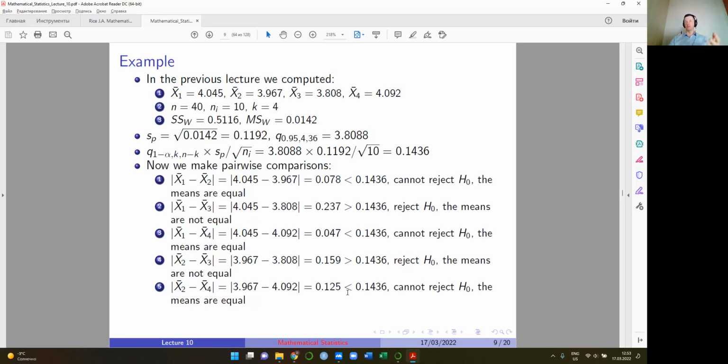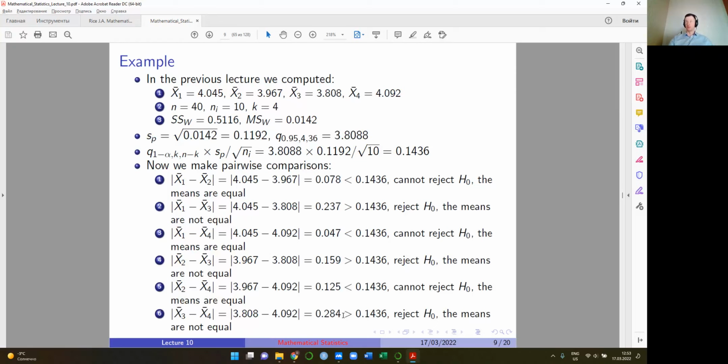And finally, we compare number 3 and number 4 here. Well, the absolute value of this difference is 0.284, which is greater than the critical value. So again, we reject the null hypothesis. The means are not equal.